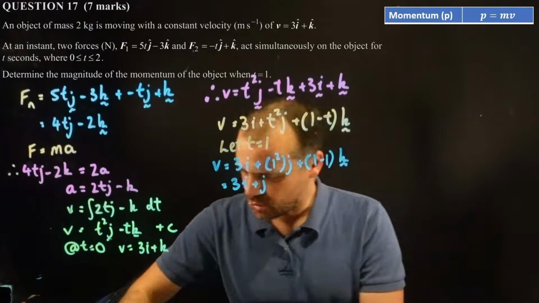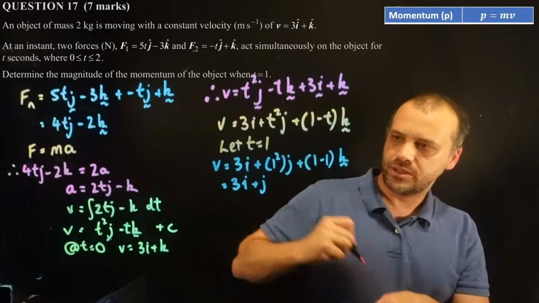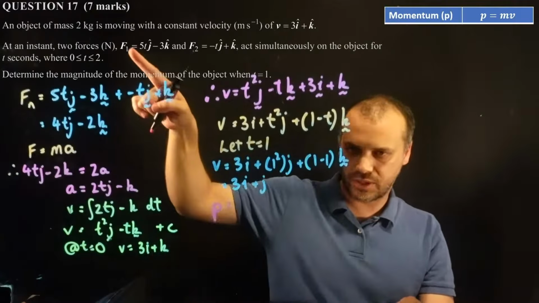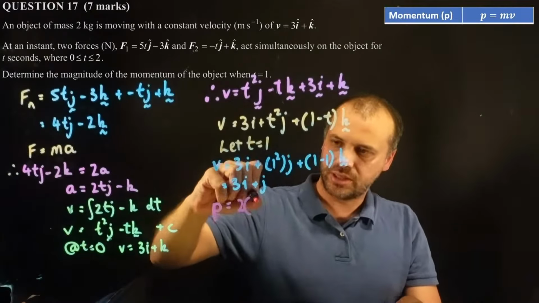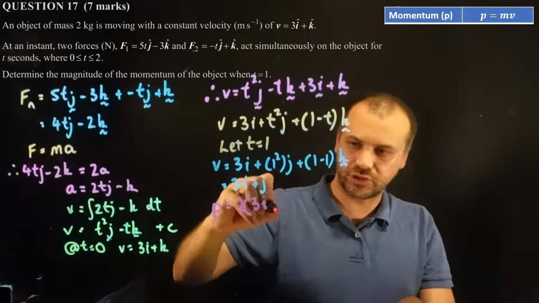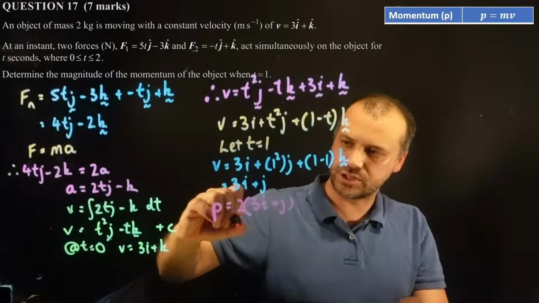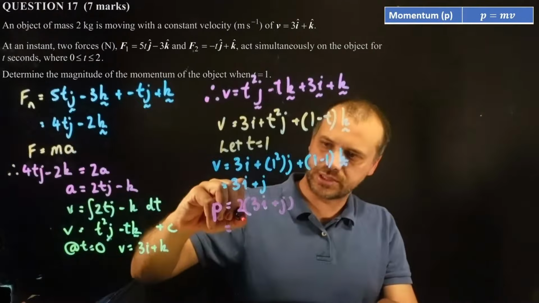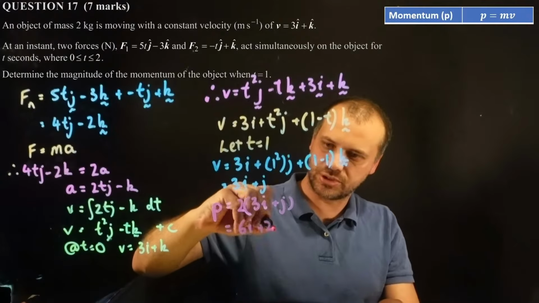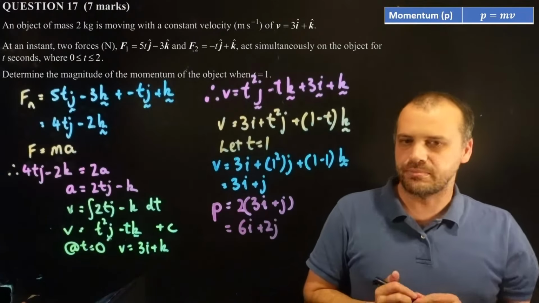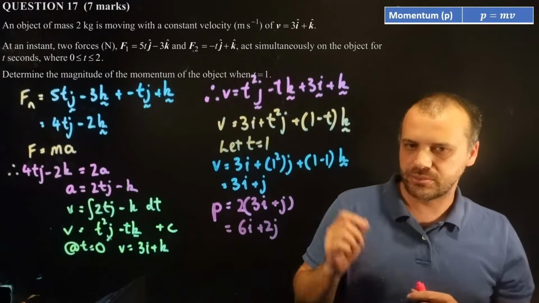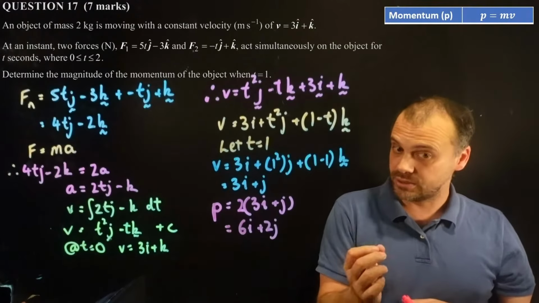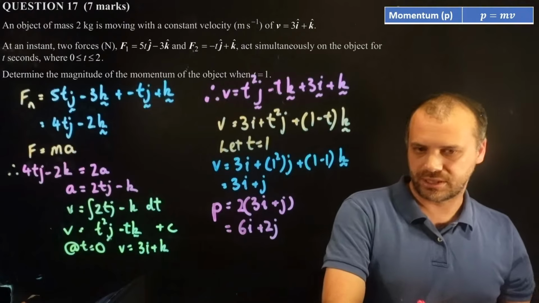But what is the momentum at time equals 1? Well, that is equal to P equals mass, and we know it's a 2 kilogram object, times whatever the velocity is, 3i plus j. That's kind of it. I guess I will expand it, 6i plus 2j. Determine the magnitude of the momentum when t equals 1. Well, this is the momentum, not the magnitude of the momentum.